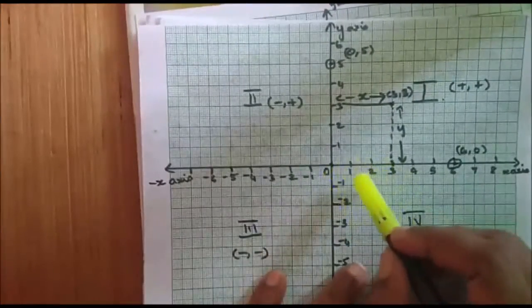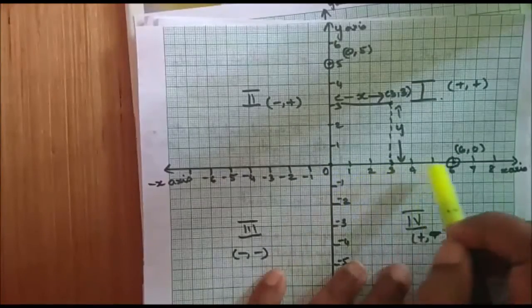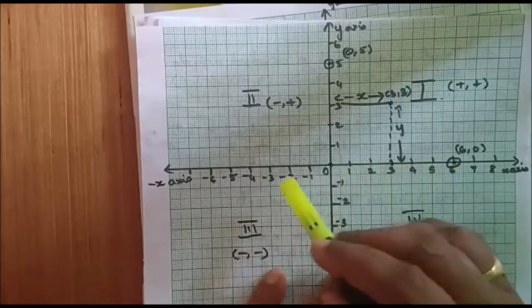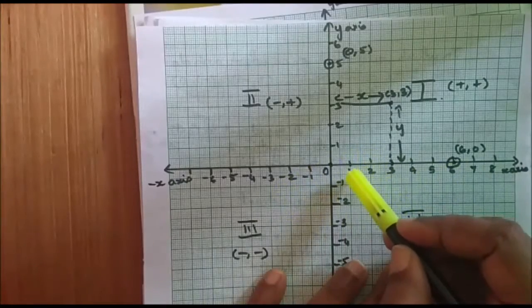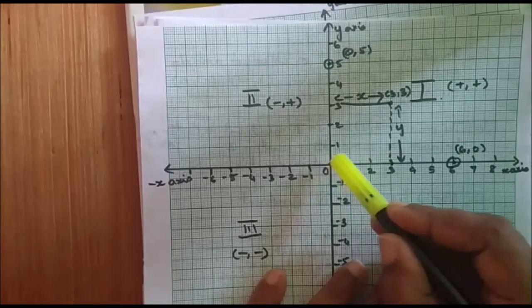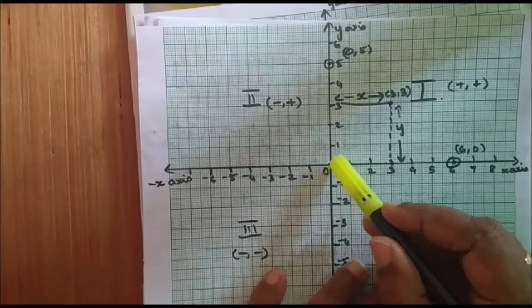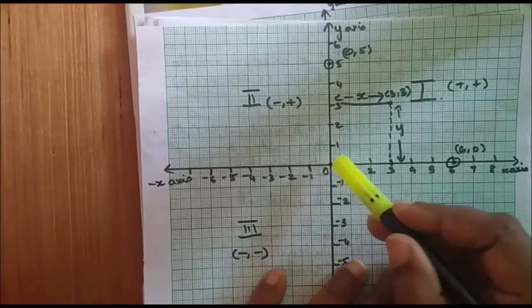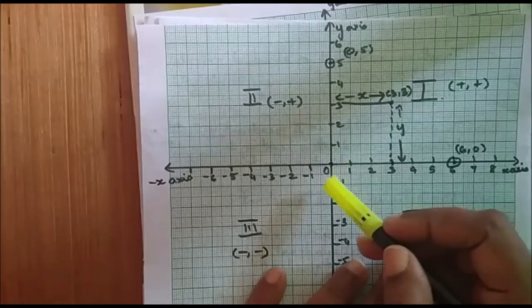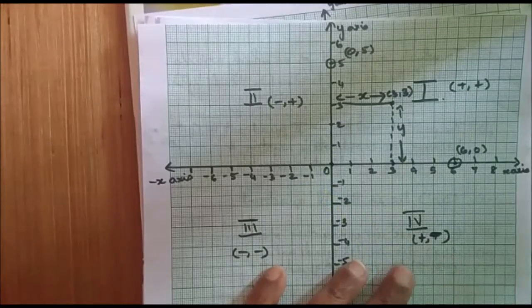Now we will mark the subdivisions on the x-axis and the y-axis. This is 0, O is the origin. What are the coordinates of O? 0, 0 is the coordinates of O, and this is the point where the y-axis and the x-axis intersect each other.